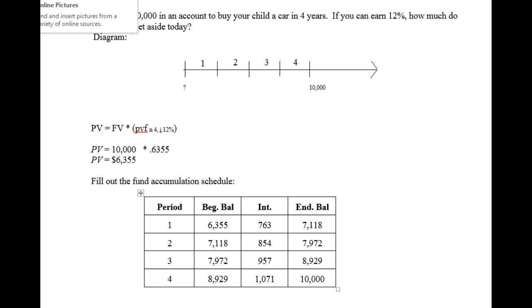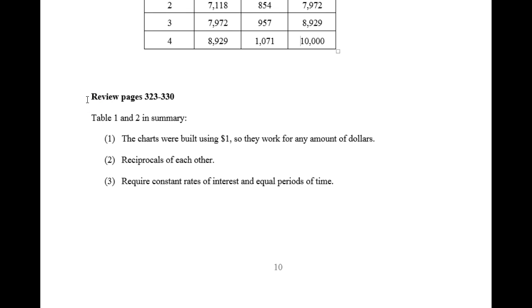What works for $1 will work for any number of dollars. It's now time for you to read page 323 through page 330. And I want you to remember in the end that Table 1 and Table 2 were charts used for building $1. They're interest factors, so they can be used for any amount of dollars to solve problems. They're reciprocals of one another.